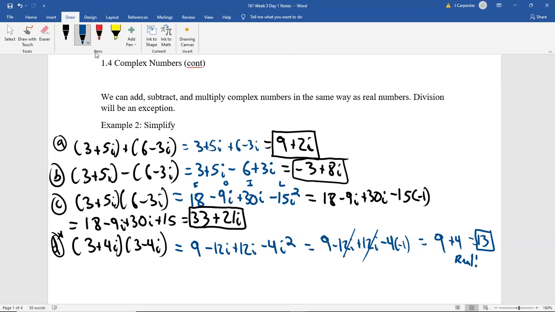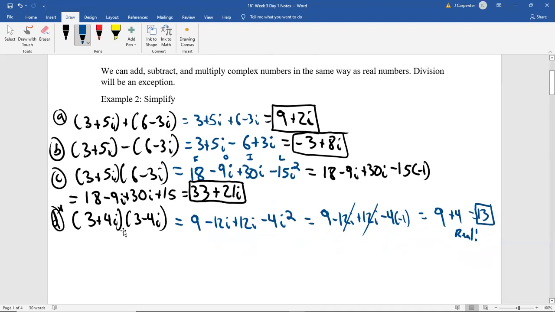And this will happen every single time. This will always happen. Multiply a plus b by a minus b, no matter whether there's i's or not, outer and inner always cancel.